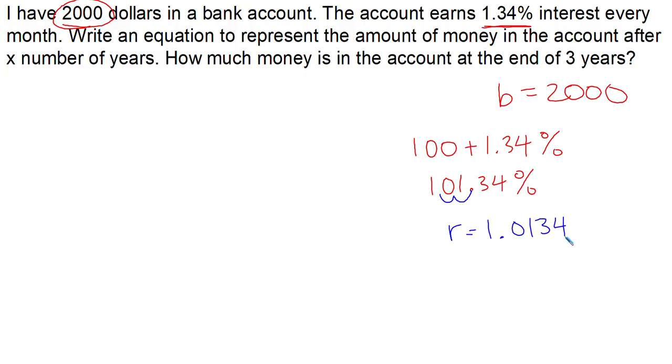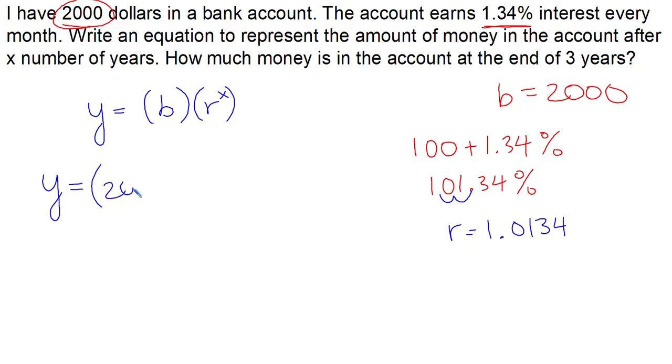Using our form, y equals b times r to the power of x, our equation to represent the amount of money in the account after x years should be y equals 2,000 times 1.0134 to the power of x.